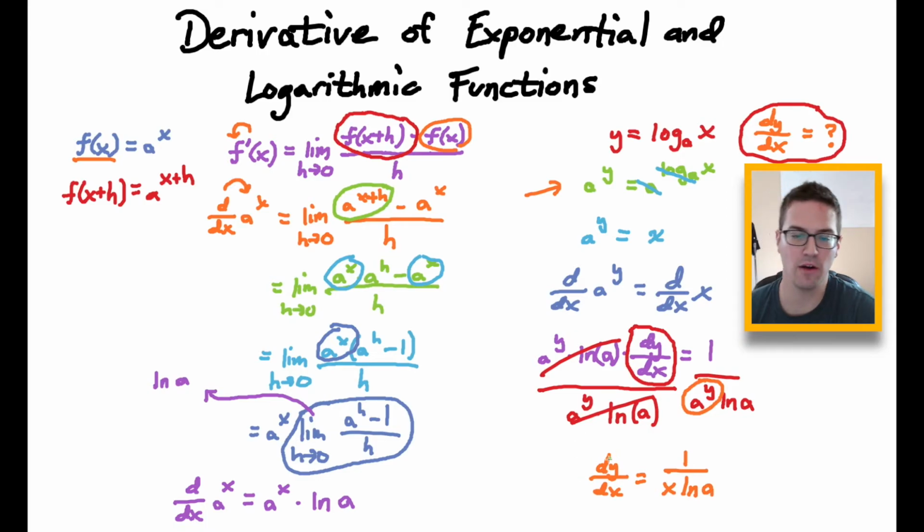So this dy over dx is equal to 1 over x ln a. Well, dy over dx is the derivative of y. In this case, our y is log base a of x. So the derivative of log base a of x is equal to 1 over x ln a.